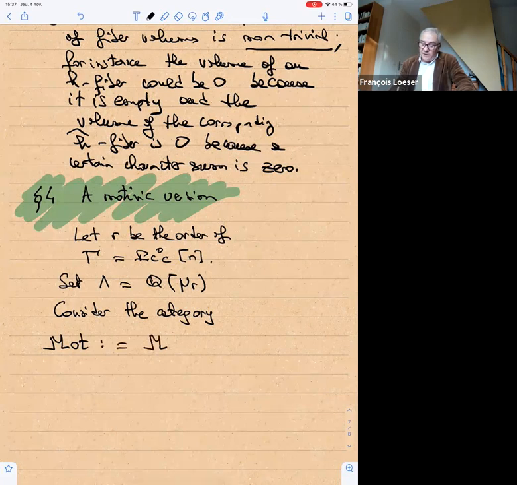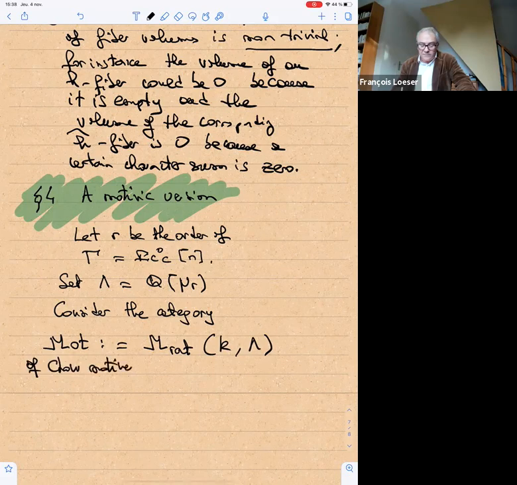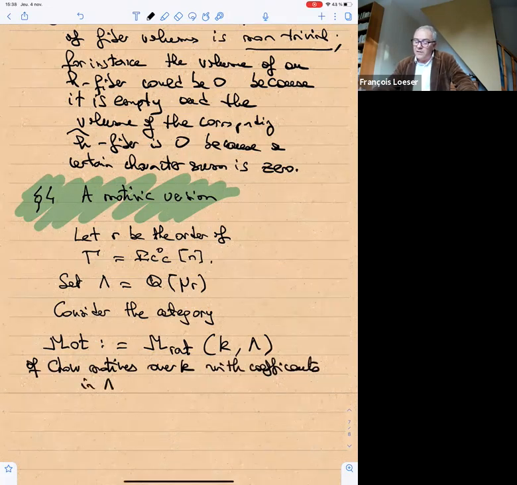And it will be the category of Chow motives over K with coefficients in lambda. Okay, so the objects are defined over K, and lambda is for the coefficients. Okay, so this is the object that we will consider.